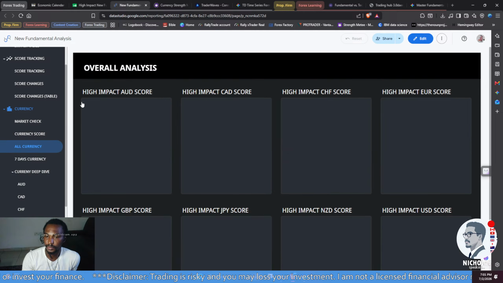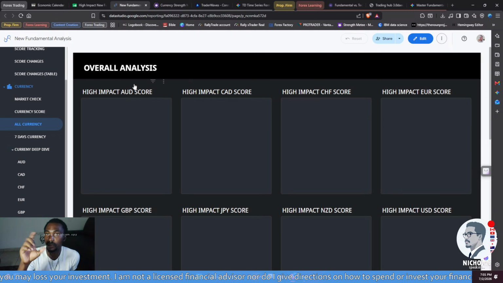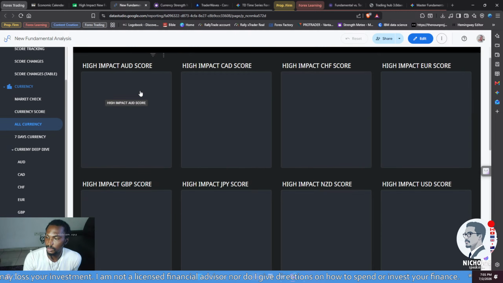So when I go to all currencies on my dashboard, I can track and say, okay, what is really happening for all the currencies right now. I need to look at all this information. Sorry if we're having some network lags, but it's going to pass in a minute.